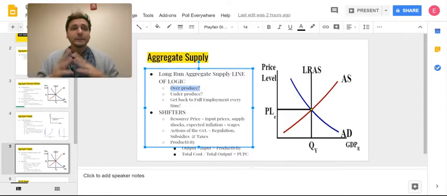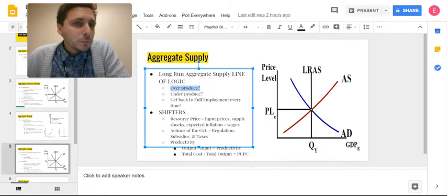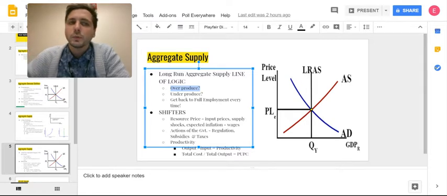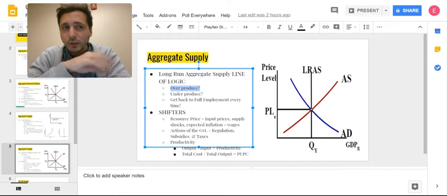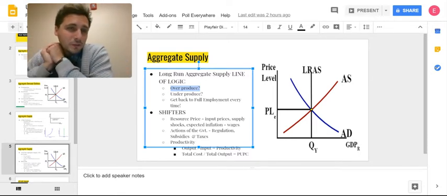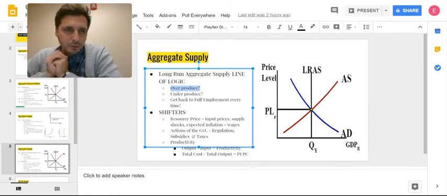They're all trying to expand at the same time. When the resource price goes up, costs are rising for businesses. When costs rise, they reduce the amount that they produce back to full employment. So when we overproduce, it eventually raises the price of the inputs, which we just talked about being flexible in the long run, and that cost reduces the amount that we produce, getting us back to full employment.